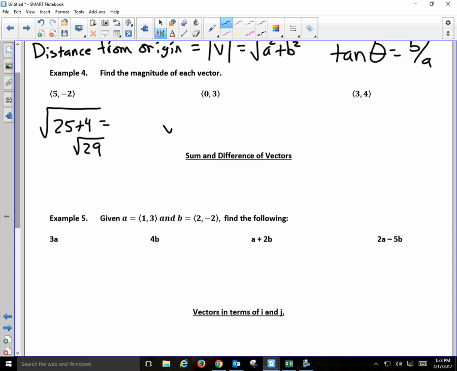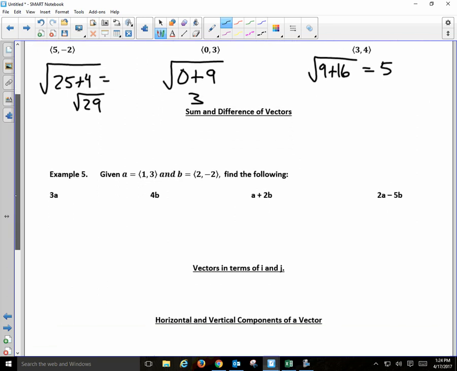This one, square root of... and this one. We'll practice where we find the direction in a little while. Right now we know that tangent theta is b over a, and we'll solve for that later.